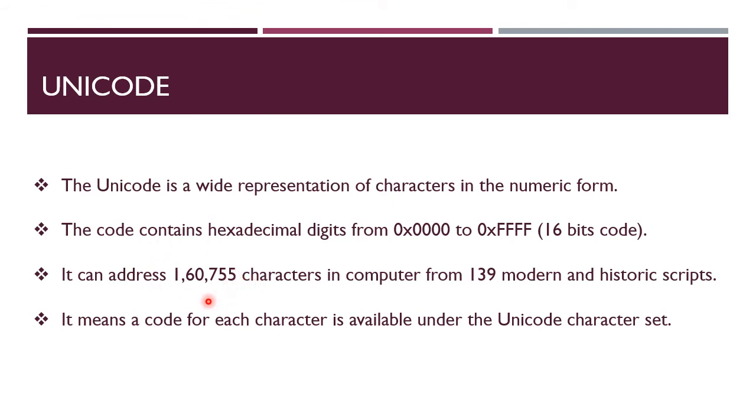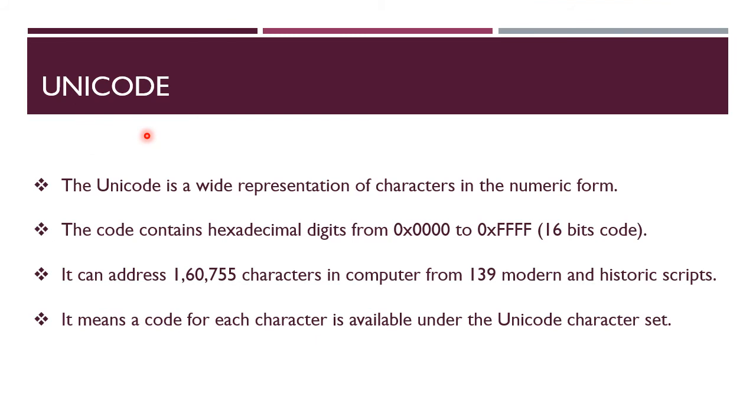It can be of different languages and also different symbols. It means a code for each character is available under the Unicode character set. Whatever character you take, a corresponding Unicode will be present in the Unicode character set.